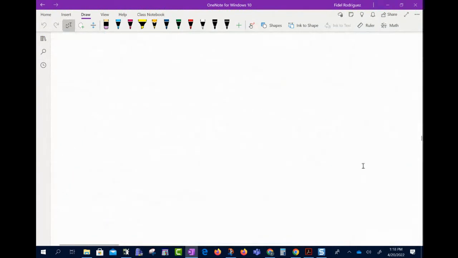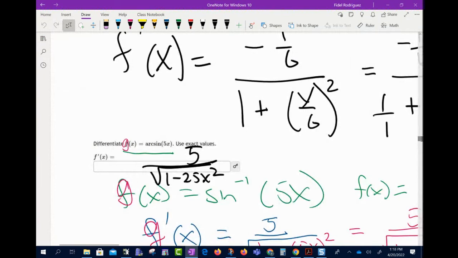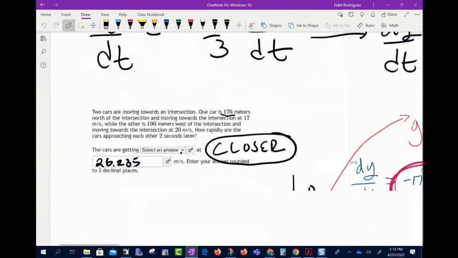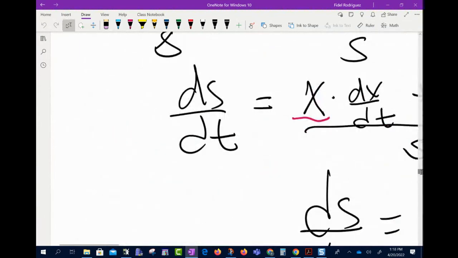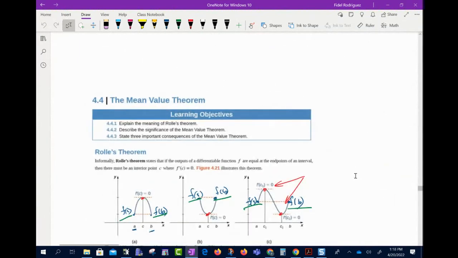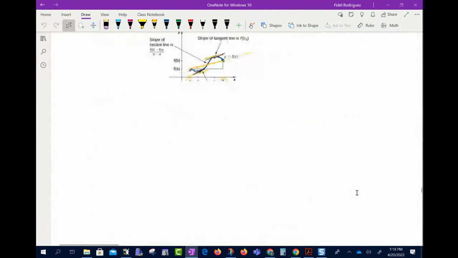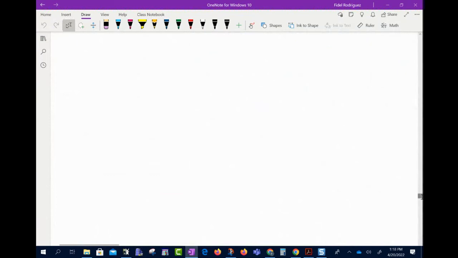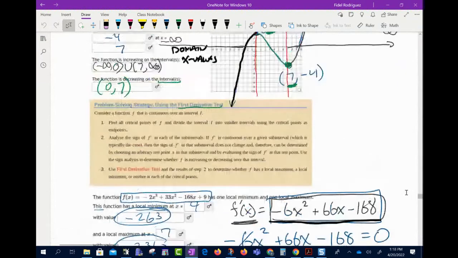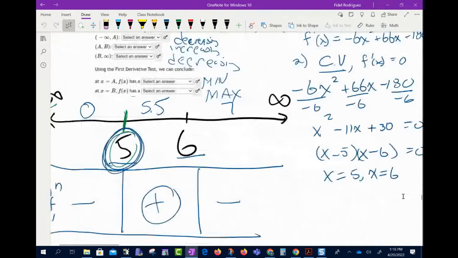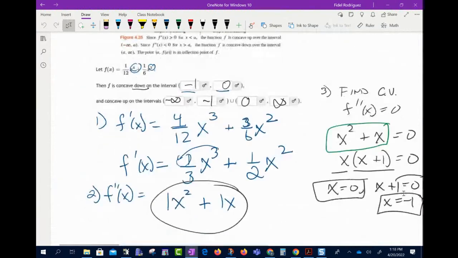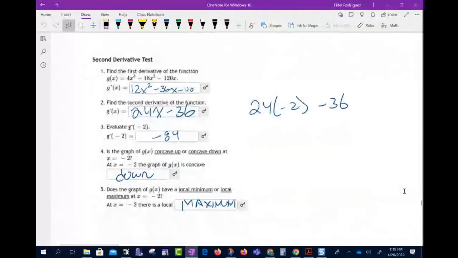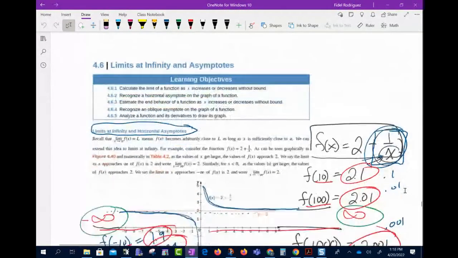No, let's go back. Chapter 3. I'm trying to see if I have it somewhere here, y'all, because I know we talked about it. Give me a second, but I know we wrote it down. After the mean value thing, that's max and min, so it's after that. It's got to be like 4.7. 4.6, here we go.